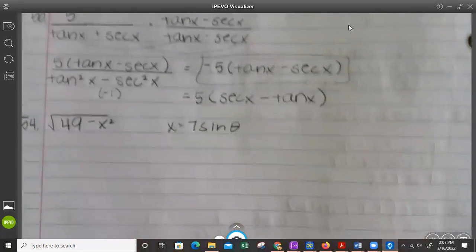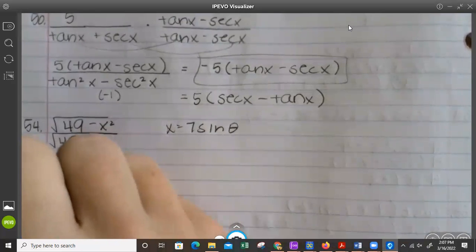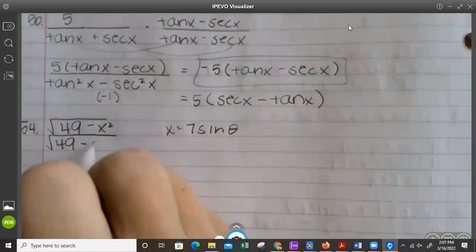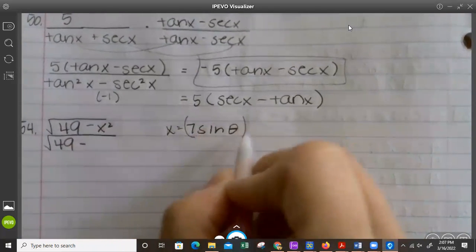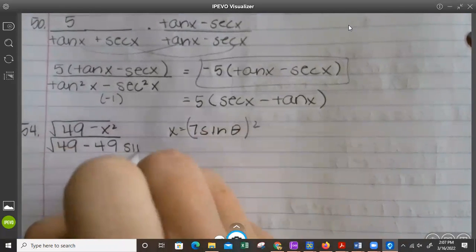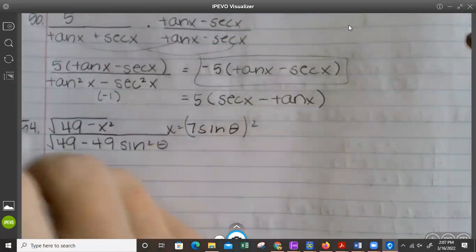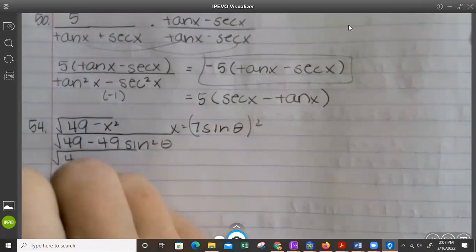And I told you that x was 7 sine theta. So you're plugging that in. What is 7 squared? 49. So we're going to square this, and then what's sine theta squared? Sine squared theta. What do you notice about both of them? They have a 49. We're going to pull that out.